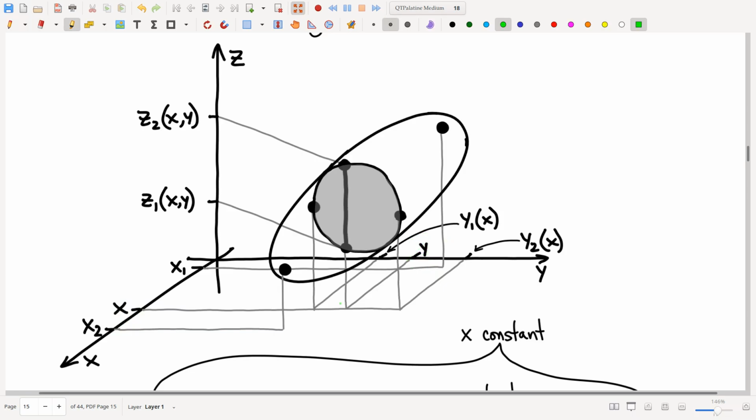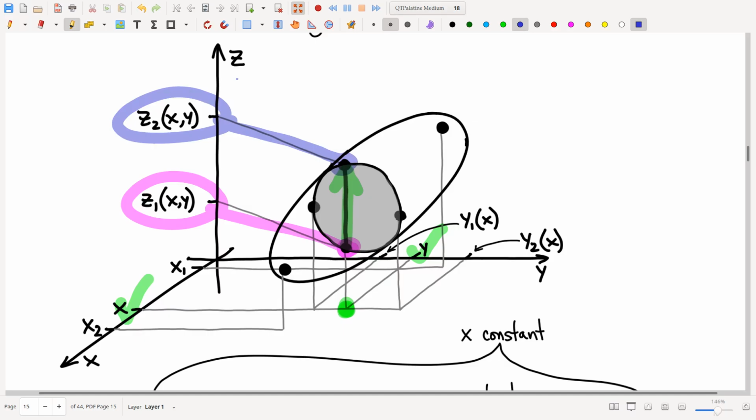Having fixed both x and y, it's like I'm going to fix a point down here in the xy plane, and I'm going to think about the points in the solid that are directly above that point in the xy plane. And I want to think about, okay, again, where do we start? Where do we end? Well, that's where z starts. Here's where z ends.